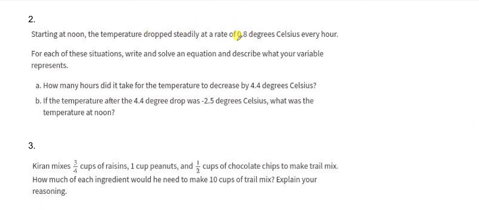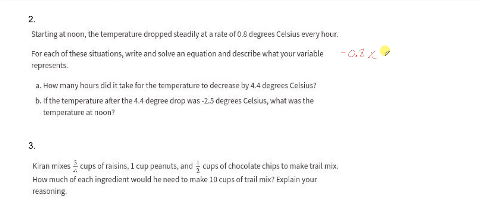Starting at noon, the temperature dropped steadily at a rate of 0.8 degrees Celsius every hour. For each of these situations, write and solve an equation and describe what your variable represents. All right. How many hours did it take for the temperature to decrease by 4.4 degrees? All right. If it's dropping at negative 0.8, it's going to get multiplied by some time that we don't know.